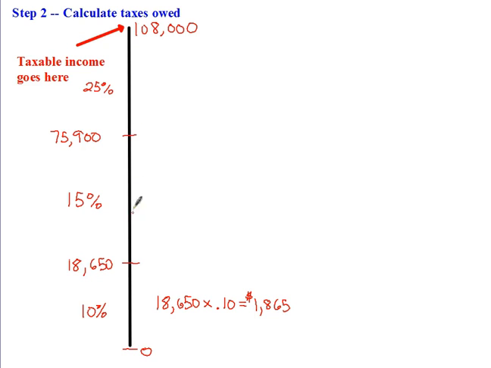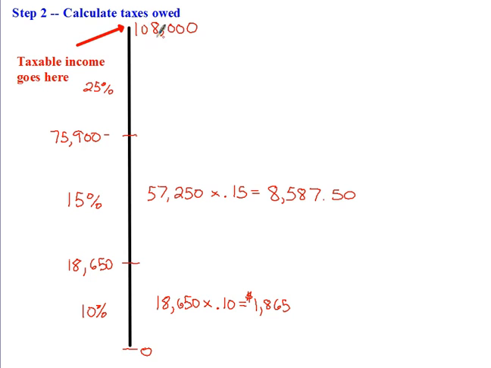And so in here is $57,250 of income, and that's going to get taxed at 15%. So that's times 0.15. Let me do that calculation, and that gives me taxes owed of $8,587.50.